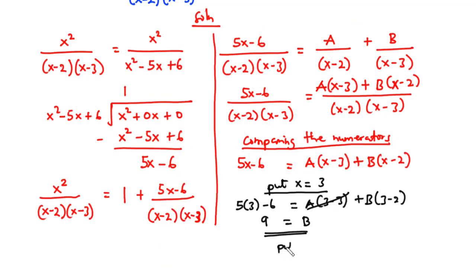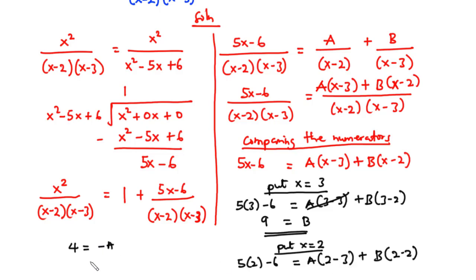Now if we put x equals 2, then we have 5 times 2 minus 6 equals A times 2 minus 3 plus B times 2 minus 2. Now 5 times 2 is 10 minus 6 is 4. So we have 4 equals 2 minus 3 is negative 1, so that is negative A. So A is equal to negative 4.